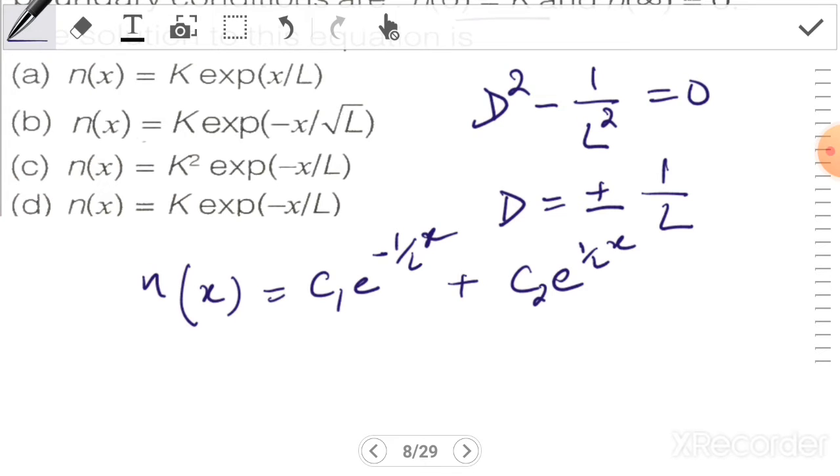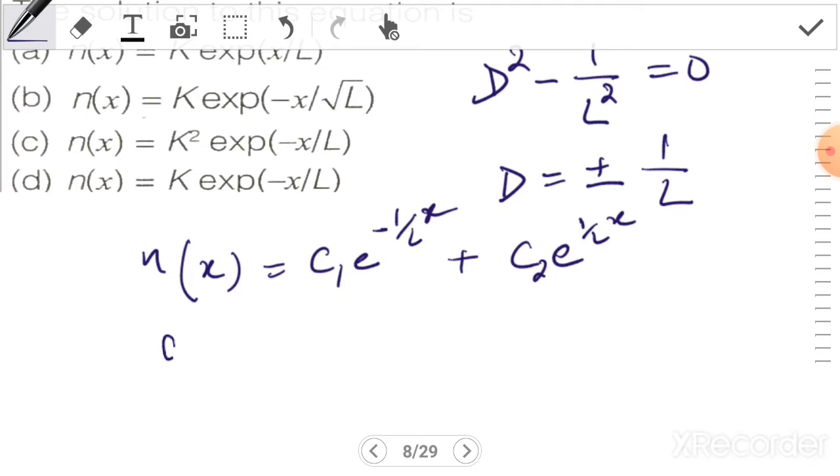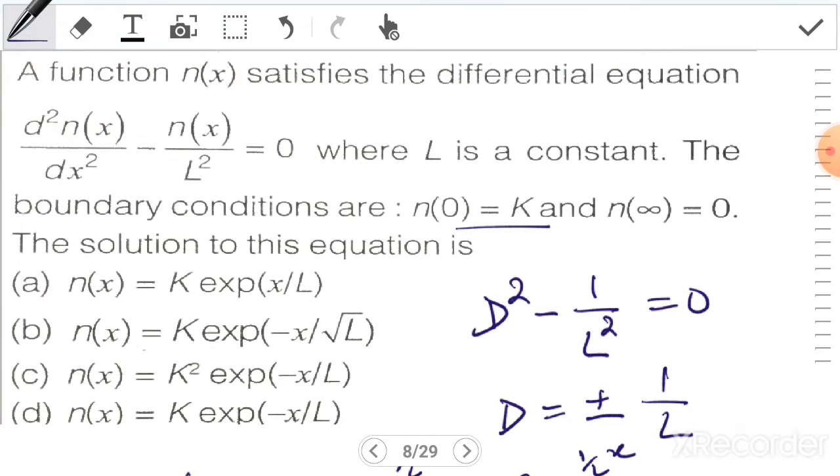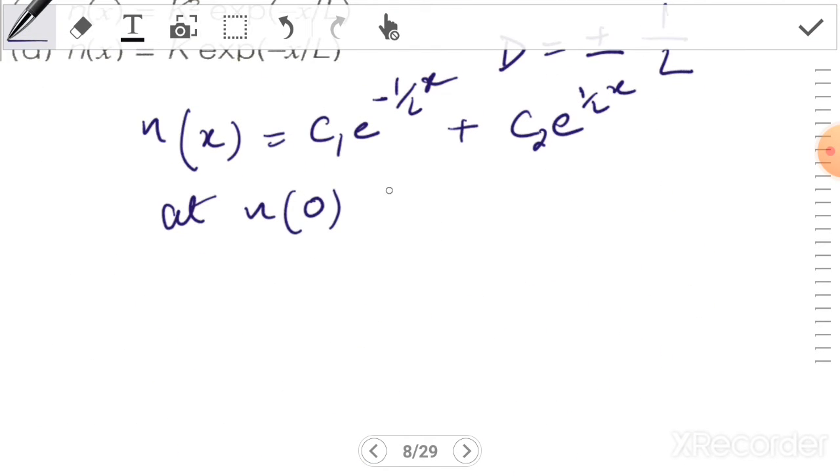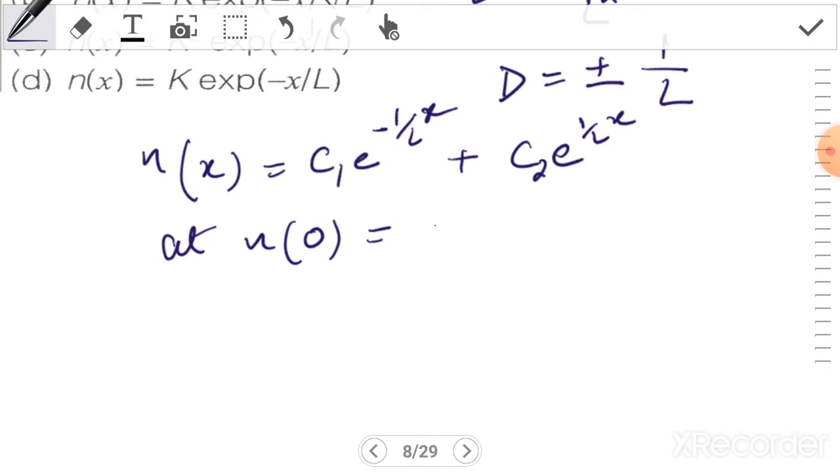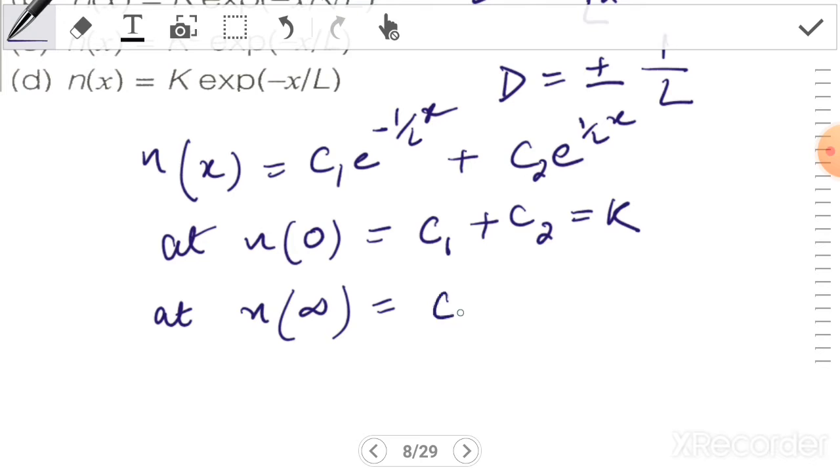Okay. Now at x is equal to 0, n is k. So at x is equal to 0, we have c1 plus c2 is equal to k, and at x is equal to infinity, we have c1 e power minus infinity plus c2 e power plus infinity is equal to 0.